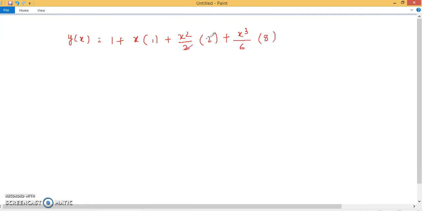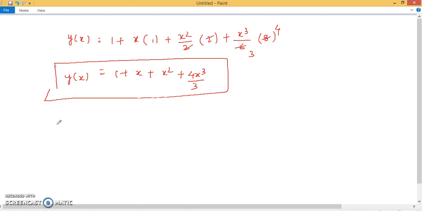So we can cancel: 2 ones are 2, 3 twos are 6 and 6 fours are 24. So we'll get 1 plus x plus x square plus 4x to the power 3 by 3. This is your y of x.